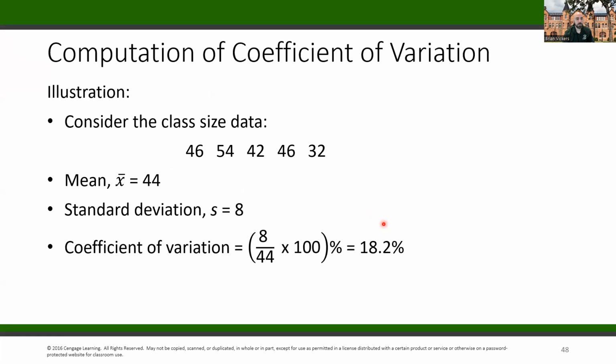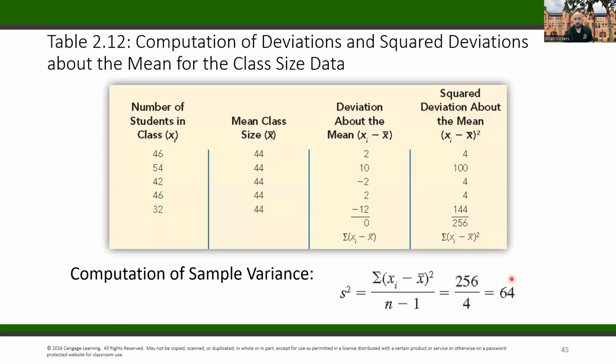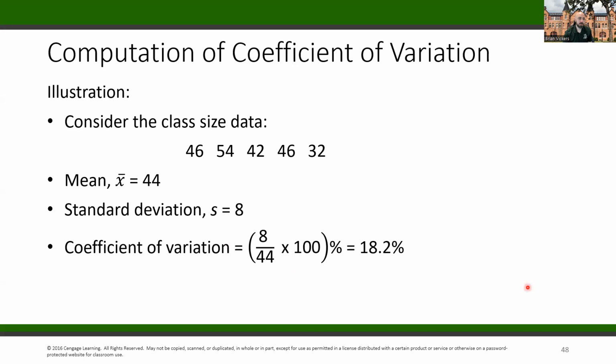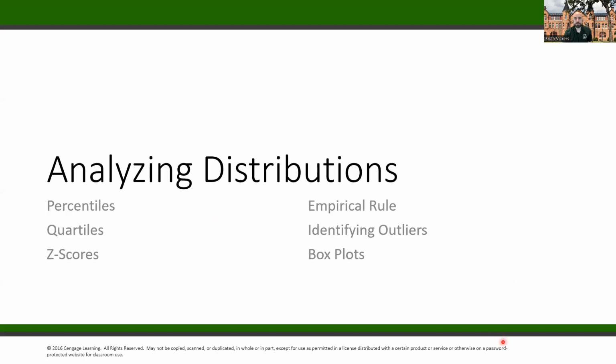Here we got 64 as the variance. The square root of 64 is 8, so you end up with 8 as your standard deviation. And we'll do that some more in the other video.